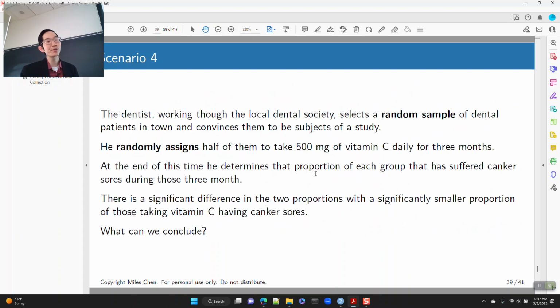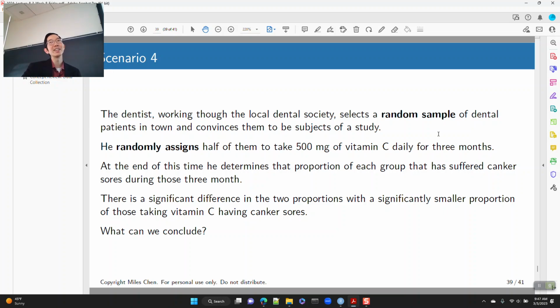And scenario 4 is kind of this fictional fantasy scenario, the statistician's dream scenario, but not actually possible: having random sampling and random assignment. In reality, it's almost impossible to have both, because in order to do random assignment, you need patient consent to participate.